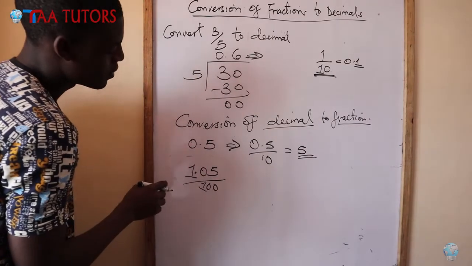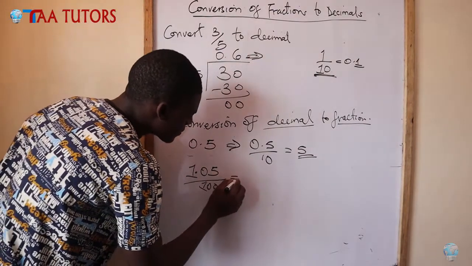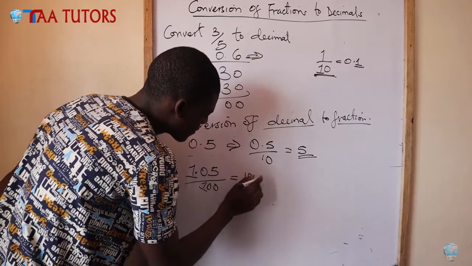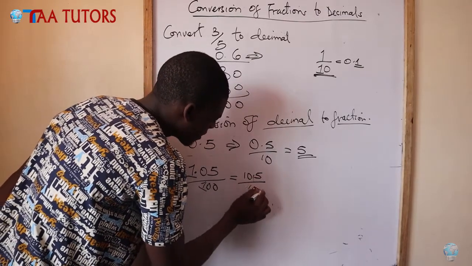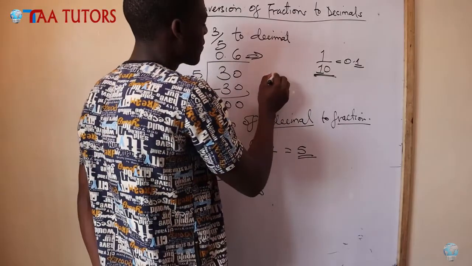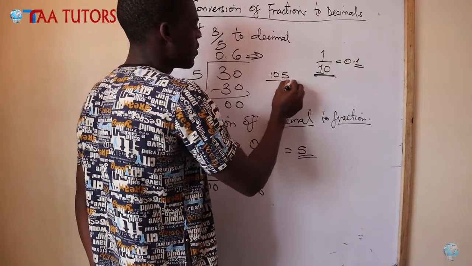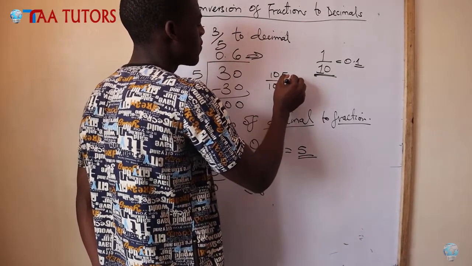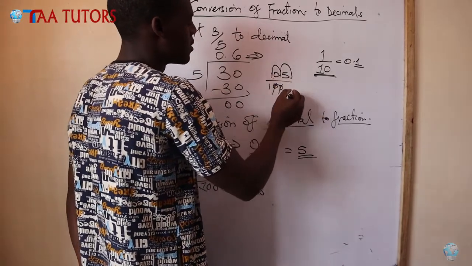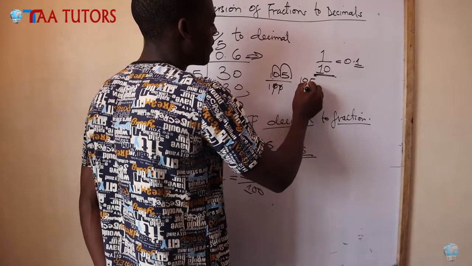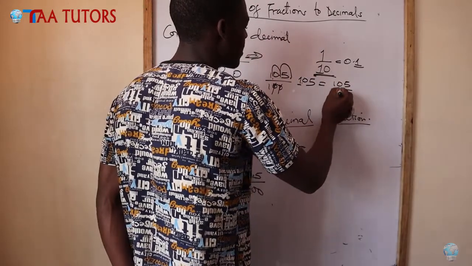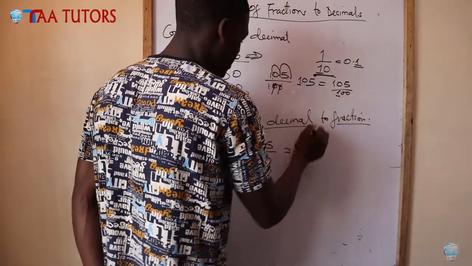When we do so, we are going to get 105 over 100. When you have 105, then you divide by 100. This one will move the decimal point there. Then this 0 brings it here. So 1.05, sorry, is as a result of 105 divided by 100. That is what I'm writing here.